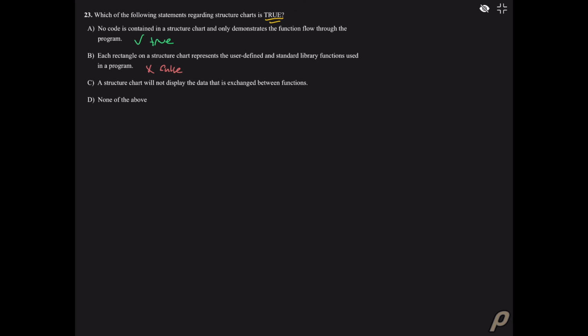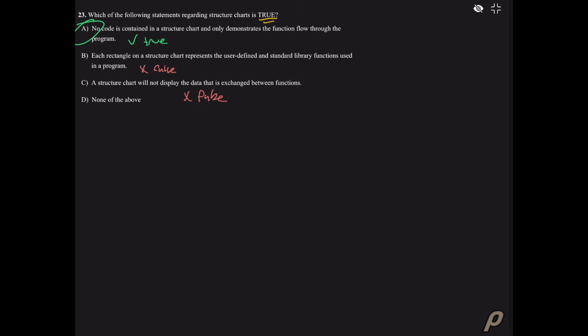This is false, as we do want to show the data exchange in a structure chart, as that is a very important part of structure charts. As you know, it's hard to plan out a program if we don't know what's flowing between functions. So that is false. But A was very obviously true. So we know that A is the correct answer.